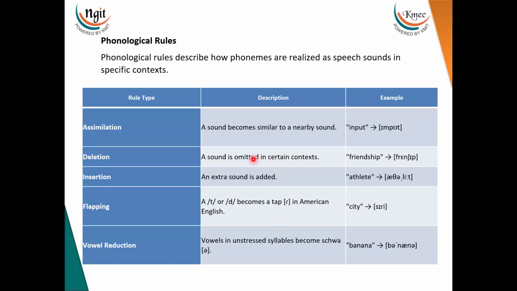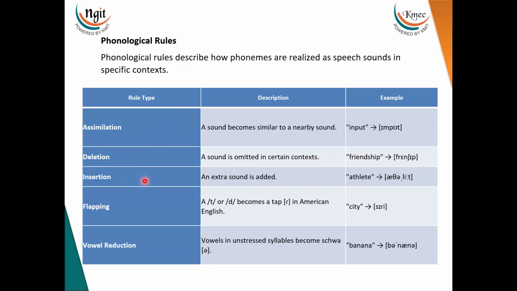This is the table which differentiates these. You can see the phonological rules. Phonological rules describe how phonemes are realized as speech sounds in specific contexts. Assimilation, where a sound becomes similar to a nearby sound: input becomes imput, that is IMPUT. Next is deletion. A sound is omitted in certain contexts. Example is friendship, where D has been dropped.